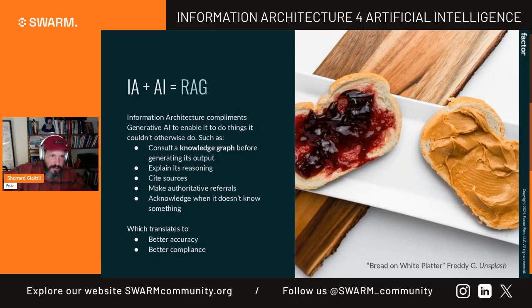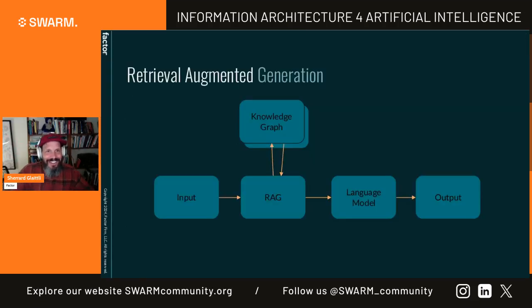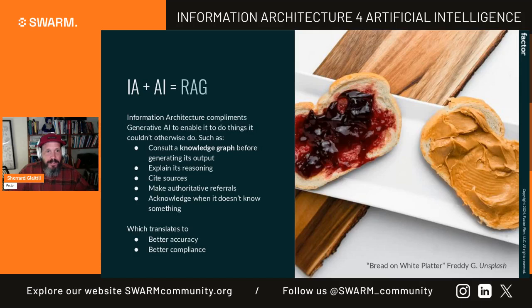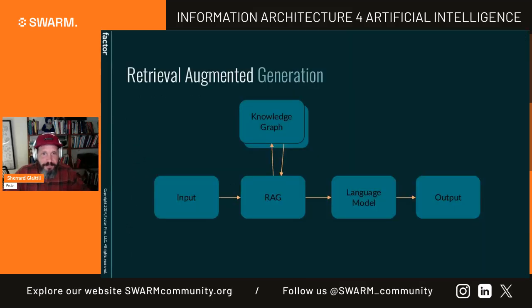If the information does not exist in this knowledge graph, say you don't know. Really exciting stuff. So that is one of the main value adds that information architecture brings to artificial intelligence. And this translates to better accuracy, but also better compliance, which I'll get to in a minute.